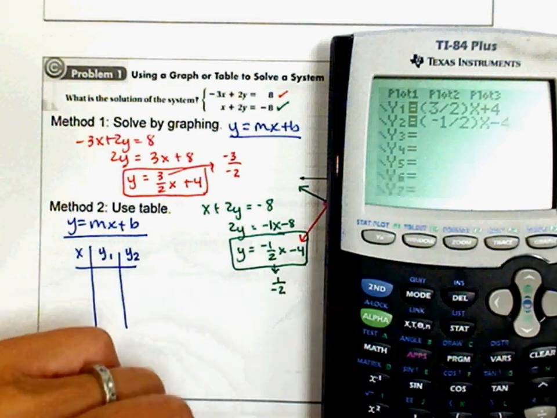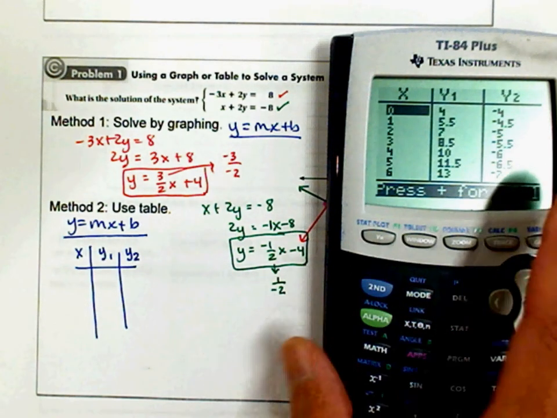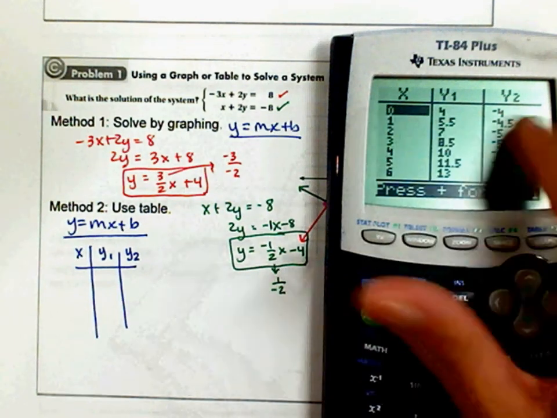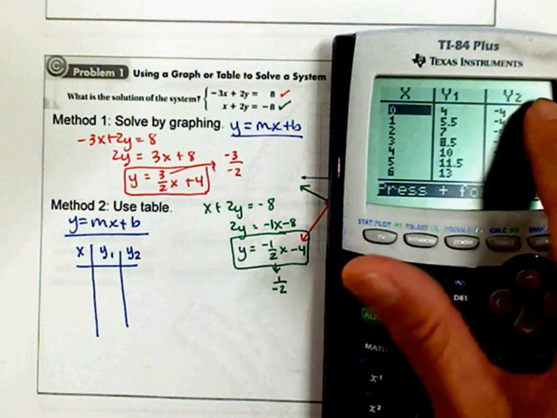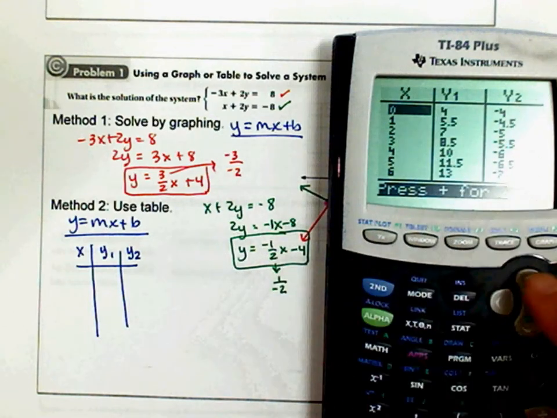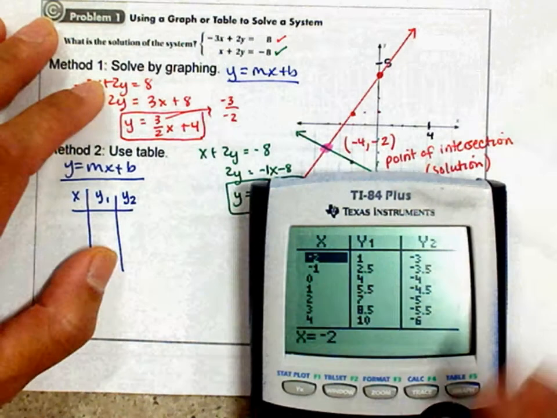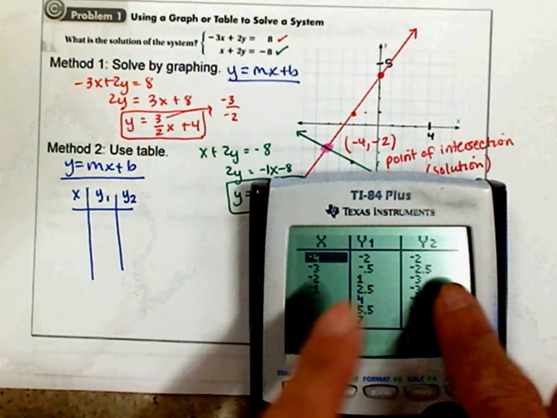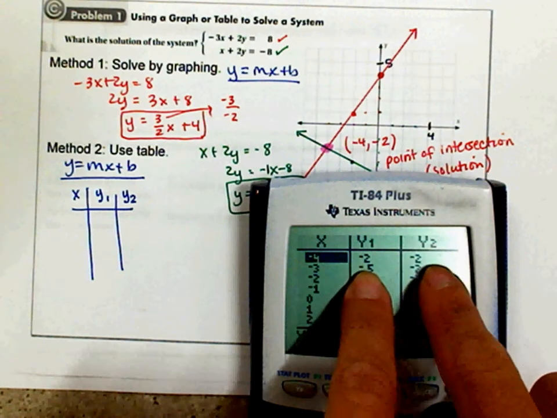Okay? So we're going to look and see where you can find your answers, where x and y should be the same. See how, I'm sorry, y1, y2 should be the same. You see how they're not the same? But I also already know my answer is -4, so I'm going to show you, go to -4. Notice how it's -2, -2 for both y1 and y2. So there is your solution.